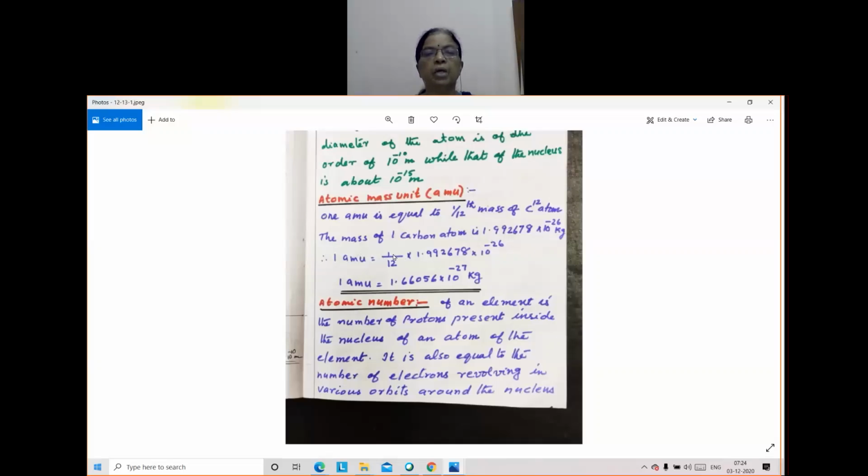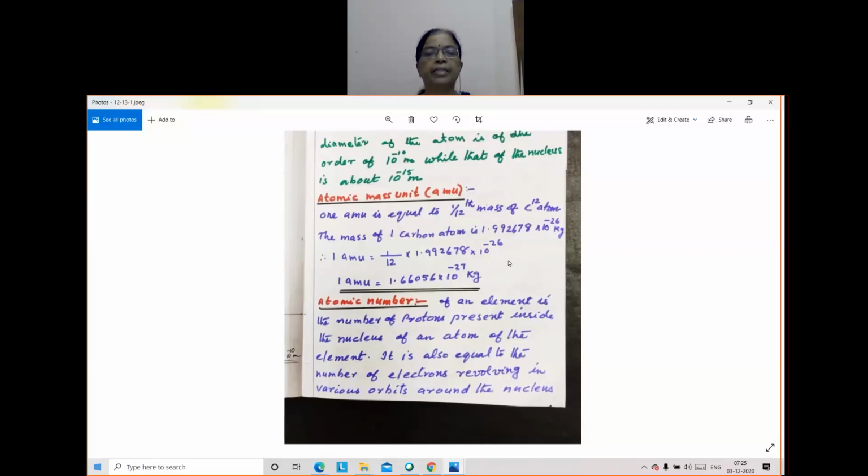So 1 AMU is 1/12 the mass of a carbon atom. This is the carbon atom's mass, very small, 10 raised to minus 26. One carbon atom's mass is this, and 1/12 of that will be 1 AMU. Dividing by 12, we get 1.6656 into 10 raised to minus 27.